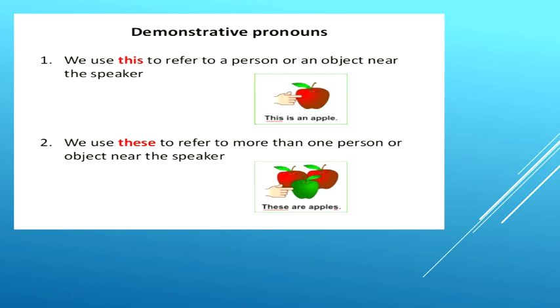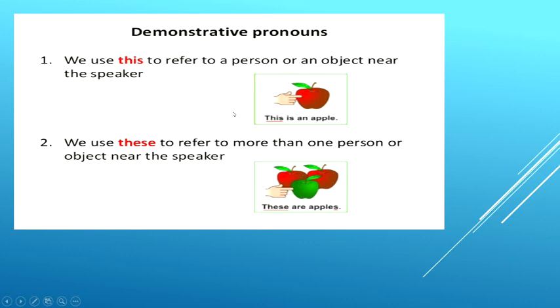So, we mean by this that the demonstrative pronoun this is used to refer to a person or an object near the speaker. And the word these is used to refer to more than one person or object near the speaker.